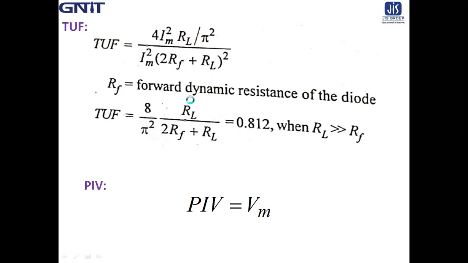So RF equal to forward dynamic resistance of the diode. Therefore, TUF equal to 8 by pi square into RL by (2RF plus RL) equal to 0.812 when RL much greater than RF.